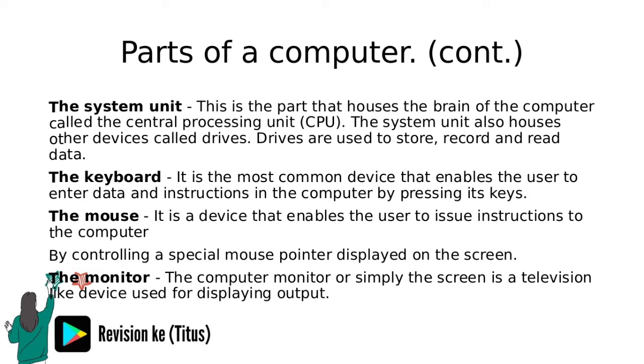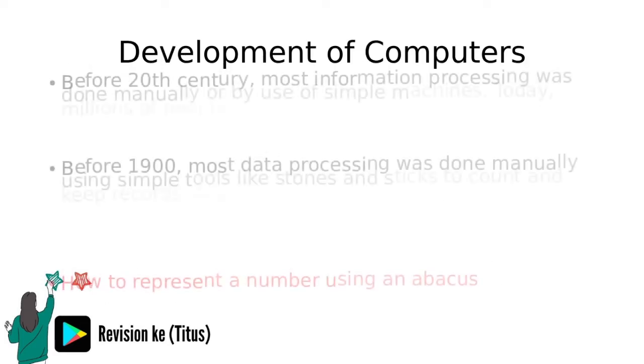We have the mouse, which is a device that enables the user to issue instructions to the computer. The monitor, which is simply a screen like your TV, which allows the computer to output the data that it has processed. We then look at some short history of computers.